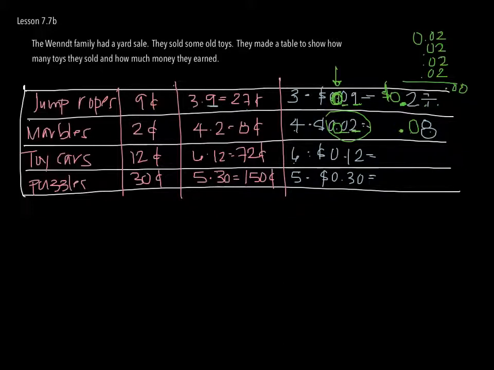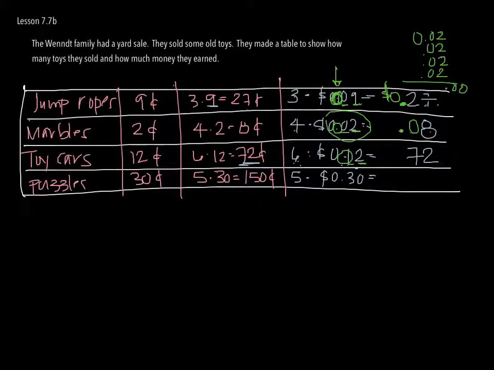6 times, we have 12-cent cars, and we had 6 of them. Well, 12 times, first thing I do, I multiply normally. 6 times 12, well, it's right here, boys and girls. It's 72. Now, I have to figure out where do I put my decimal point. Circle the decimal point. How many spots to the right of it? 1, 2. How many spots are going to be to the right of the decimal point?